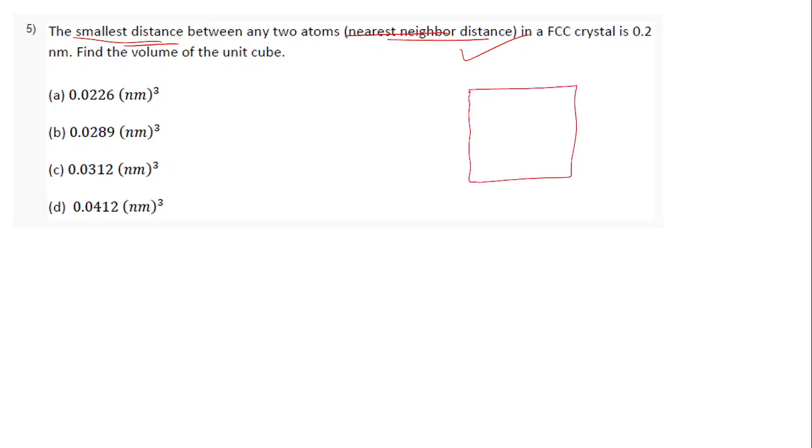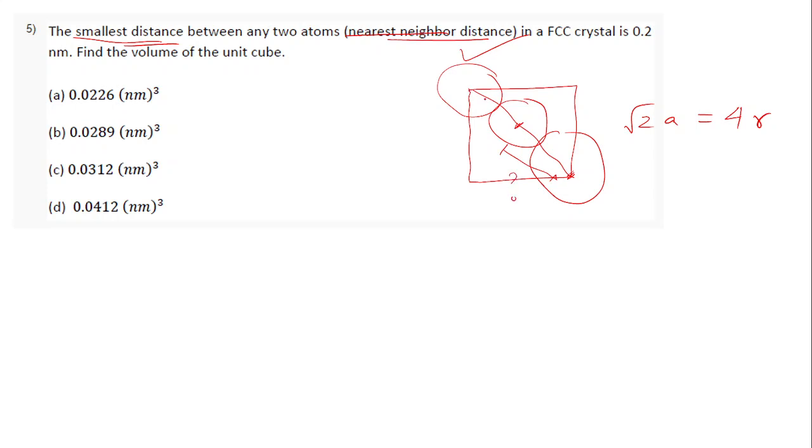In an FCC crystal, we know the nearest neighbor is on the face diagonal. The face diagonal length is root 2 a and is equal to 4r. So here these two atoms are the nearest, and the distance between them is from the center of this atom to the center of this atom. And what is the length?